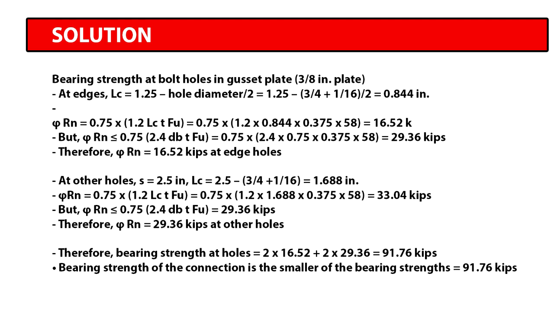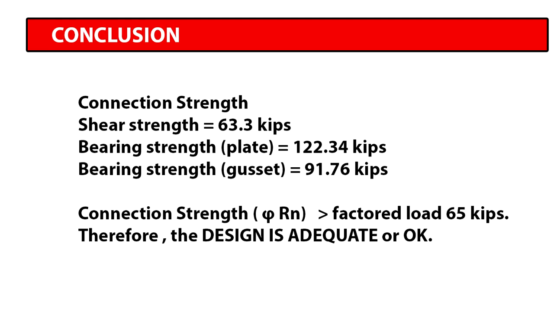So multiply it by 2, then add everything. So we have 2 times 16.52 plus 2 times 29.36, then we get 91.76 kips. So the bearing strength of the connection is the smaller of the bearing strengths, so we have 91.76.